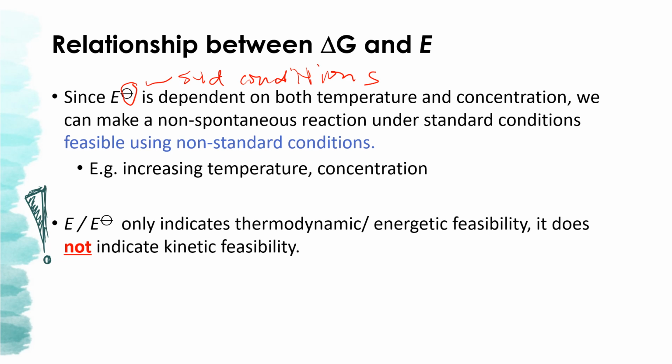Which means whatever value that you take from the data booklet is only accurate for standard condition. Like the example I gave at the start of the lecture, electric vehicle. The voltage that you calculate for the battery in the electric vehicle may not be true in real life because the operating temperature of a car is definitely not standard condition.